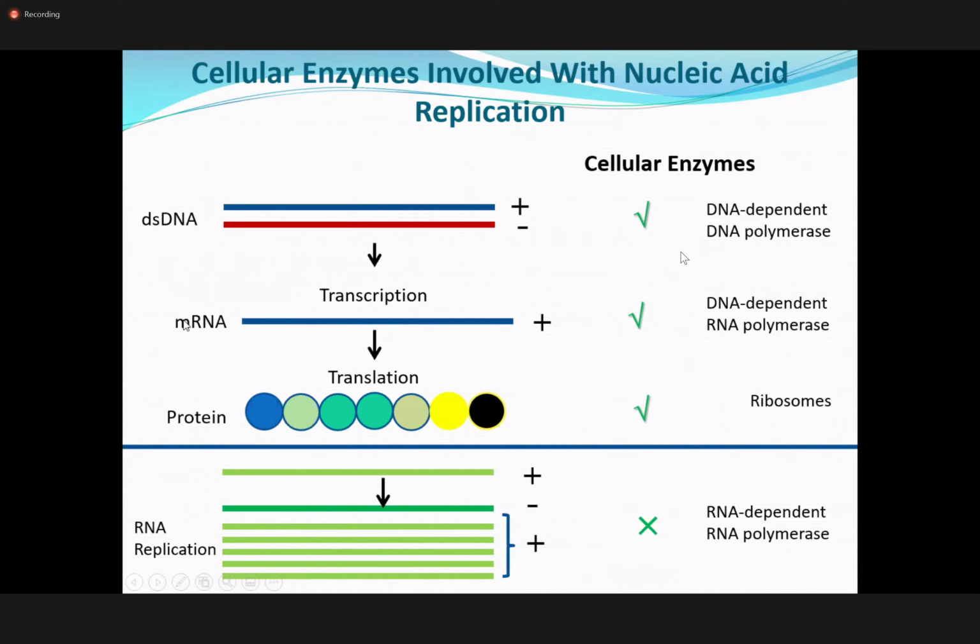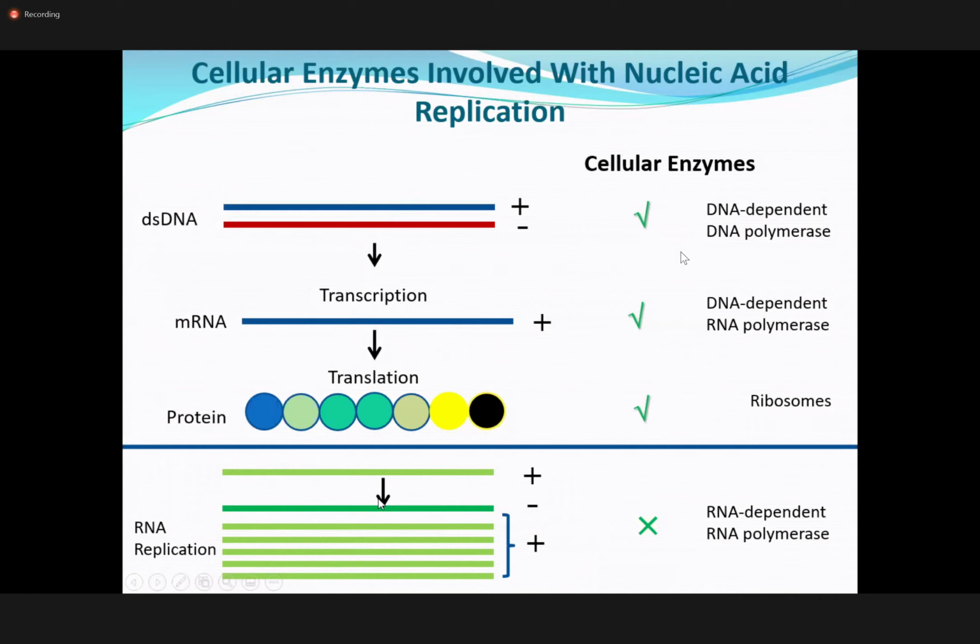To transcribe to get messenger RNA, you are using a DNA-dependent RNA polymerase. To translate that messenger RNA into protein, you're using ribosomes, right? But now, this is in a eukaryotic cell.